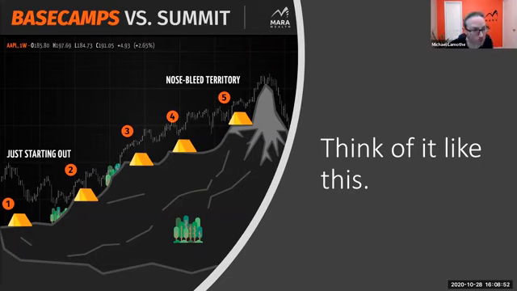You can't just charge straight up a mountain. Even if you're an Olympic sprinter, you're not just sprinting up the mountain. You're going to pause and take breaks as you're climbing Mount Everest. But as you get closer and closer to the top, it's like nosebleed territory, right?